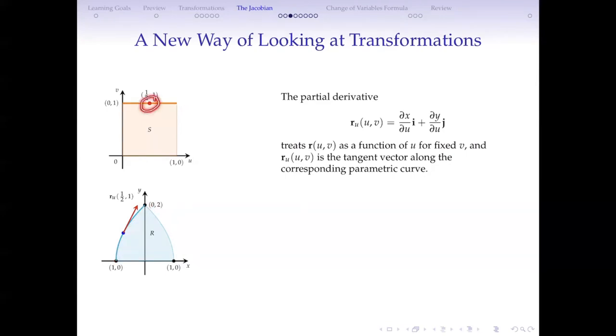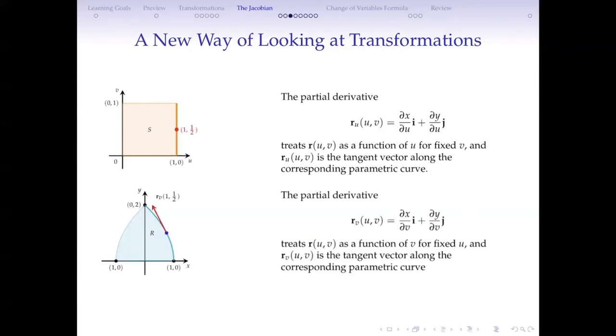And this point maps to the blue point here. So what the derivative here is really just doing is giving the tangent vector along this curve, shown in red. So that's what the derivative of r with respect to u for fixed v does. Fixing v means that we're traversing a parametric curve with u as parameter. And when I differentiate with respect to u, I just get the tangent vector.